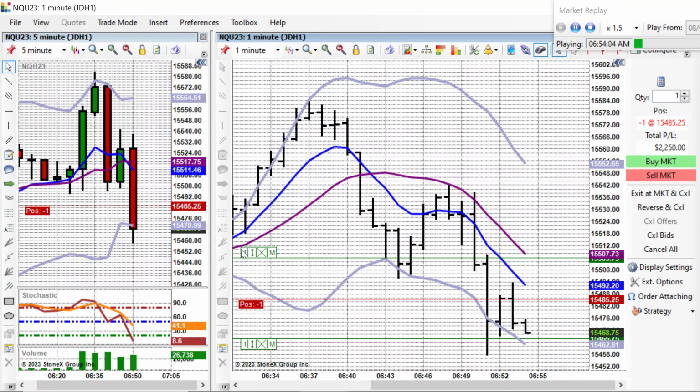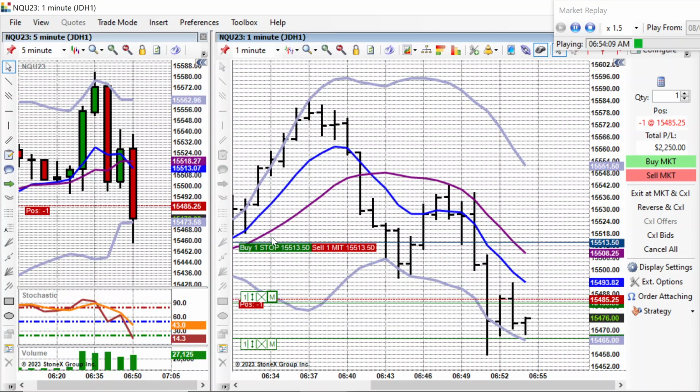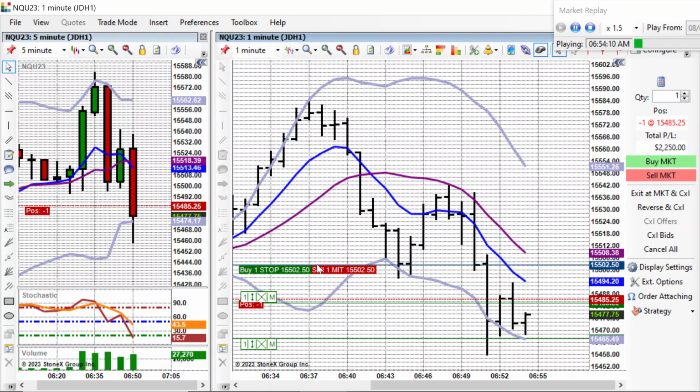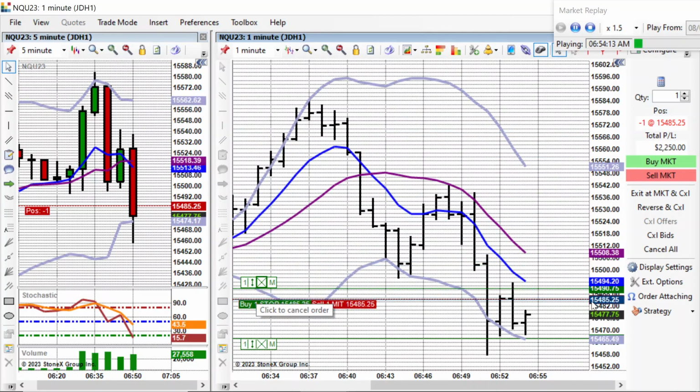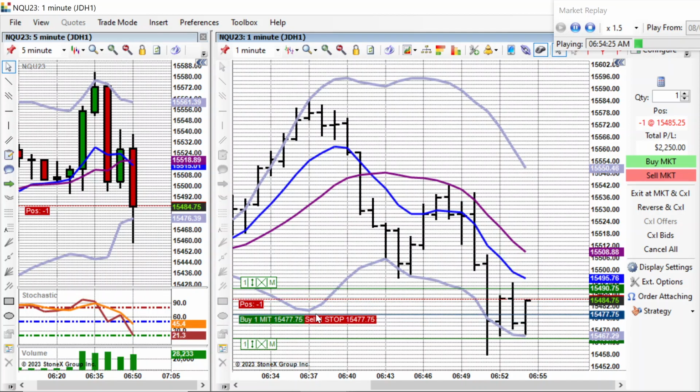And okay, we're out of risk right there. So that was a little bit premature, maybe. I'd like to wait for a reversal bar and then see the market move through the reversal close before moving my stop to take out some of the risk.